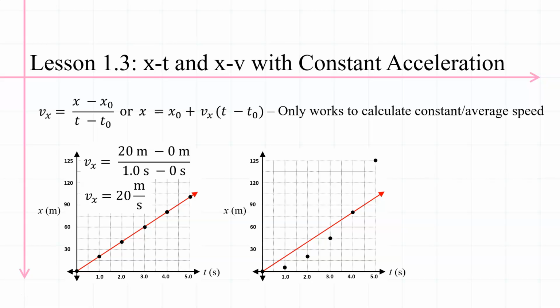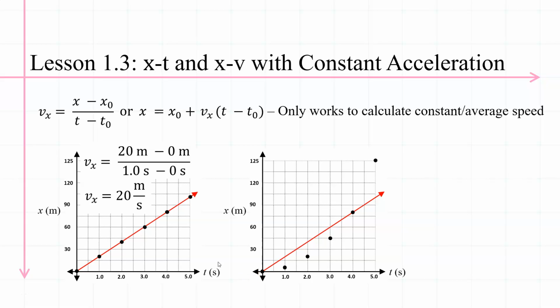Depending on which points you choose, you're always going to have different velocities because your line will have different slopes on this graph. It's important for you to realize that average velocity is very limited in what it can describe. It actually only tells you what's happening between one set of points at a time.